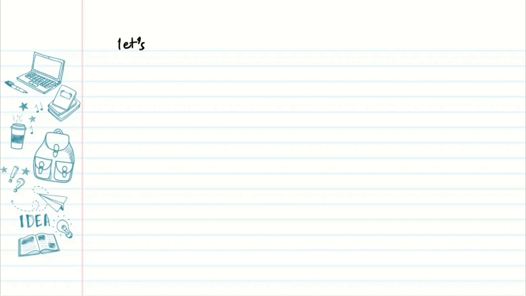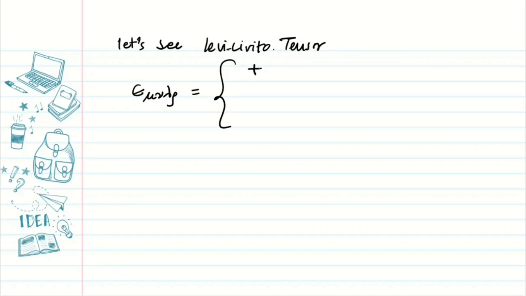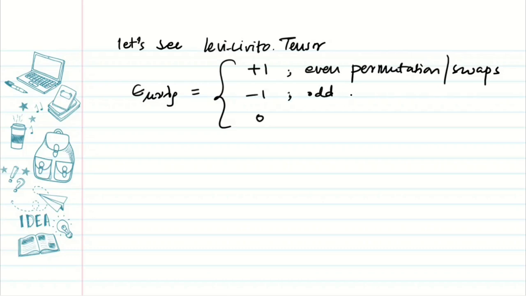So let's see the Levi-Civita tensor. It is defined as epsilon mu nu lambda rho, which can take the value +1, -1 or 0. For an even permutation, or even number of swaps, the value will be +1. For an odd permutation it will be -1, and otherwise it will be 0.